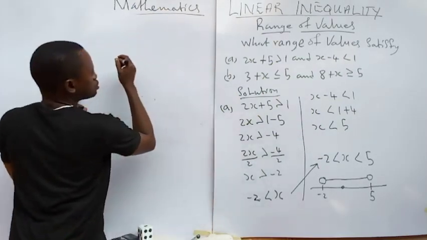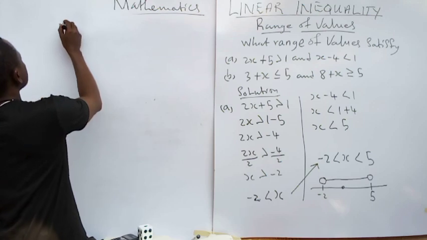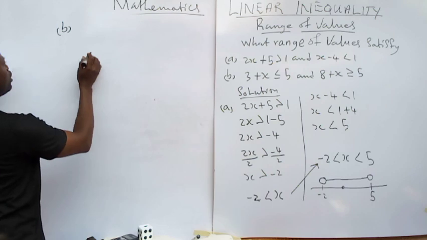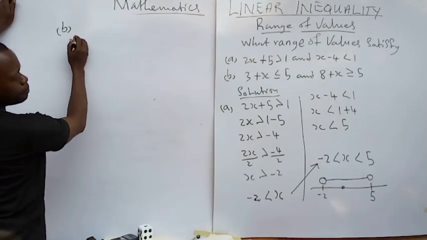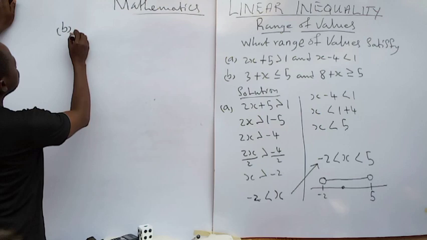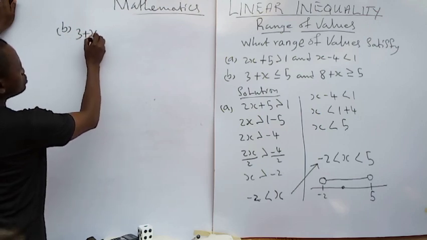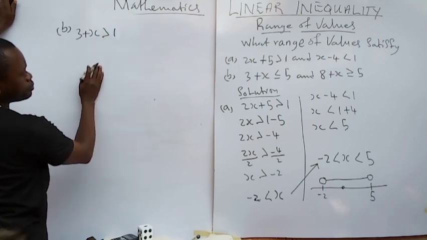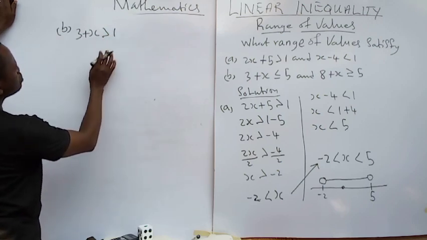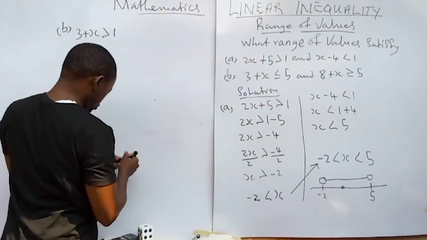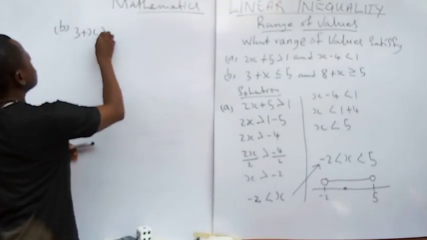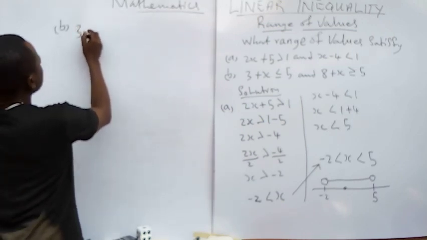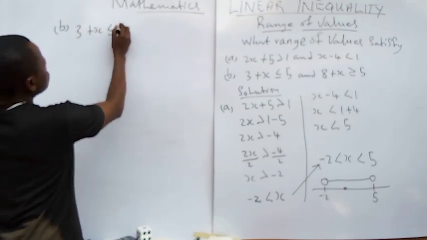Let's also look at the second problem we have here, B. The B part says, here I have 3 plus x less than or equals to 5.